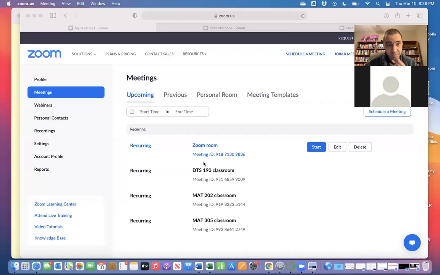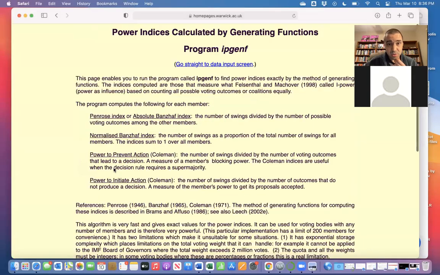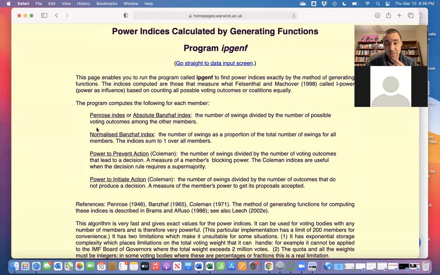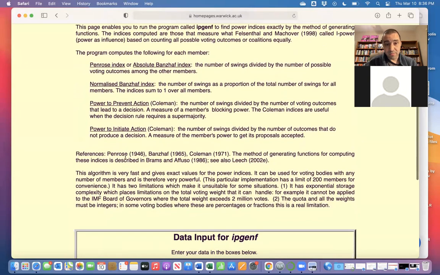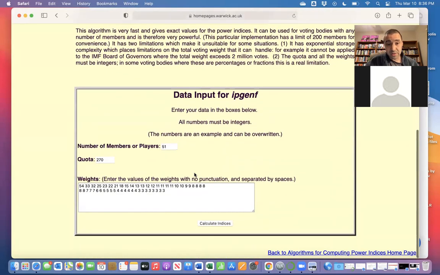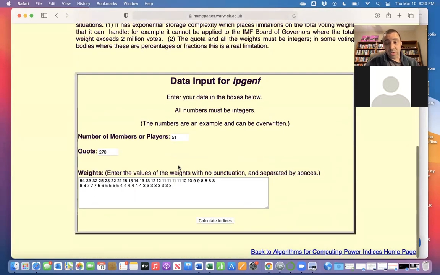If you click on that link for the Bonsoff power calculator, it takes you here. It should look something like this. Now you ignore basically everything on this page. You scroll down. It gives you some references to where you might look. Bonsoff invented this in 1965. But you scroll all the way down here and you have to fill in 3 boxes. First it says number of members or players.